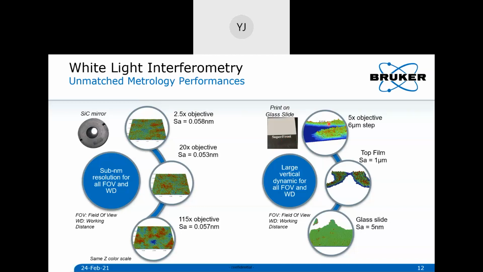If you look at this with a 5x objective, you can see the glass being blue, lower and very smooth, and then the print surface is very rough. And then you can actually look into it. If I'm only interested in the print, then I can see the roughness is about 1 micron, right?